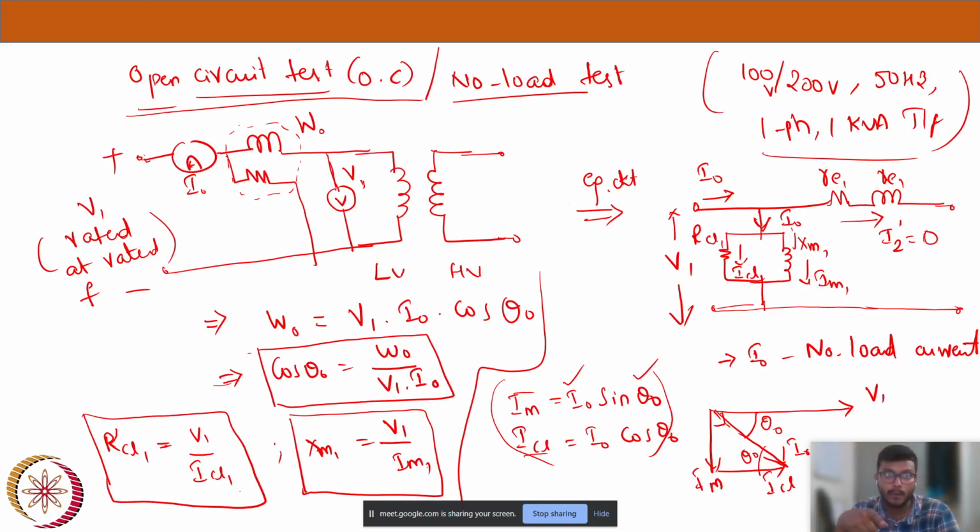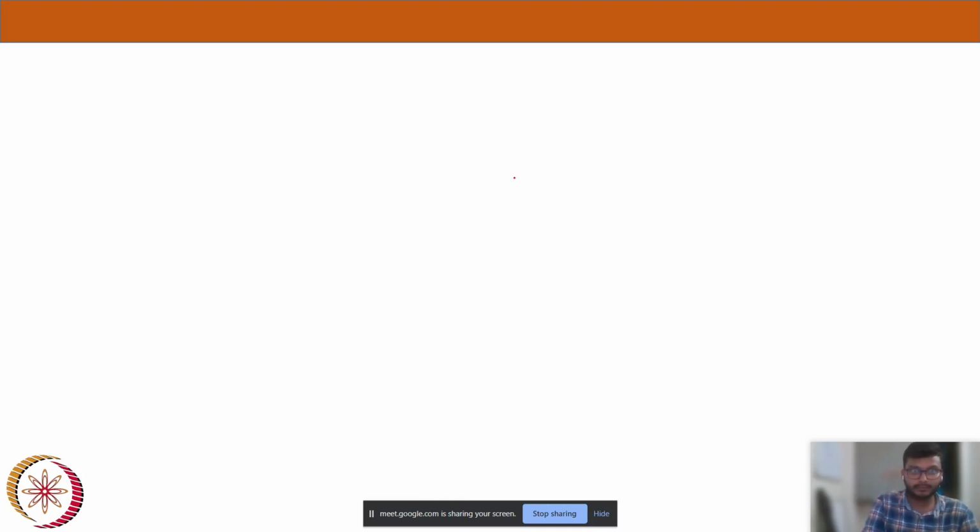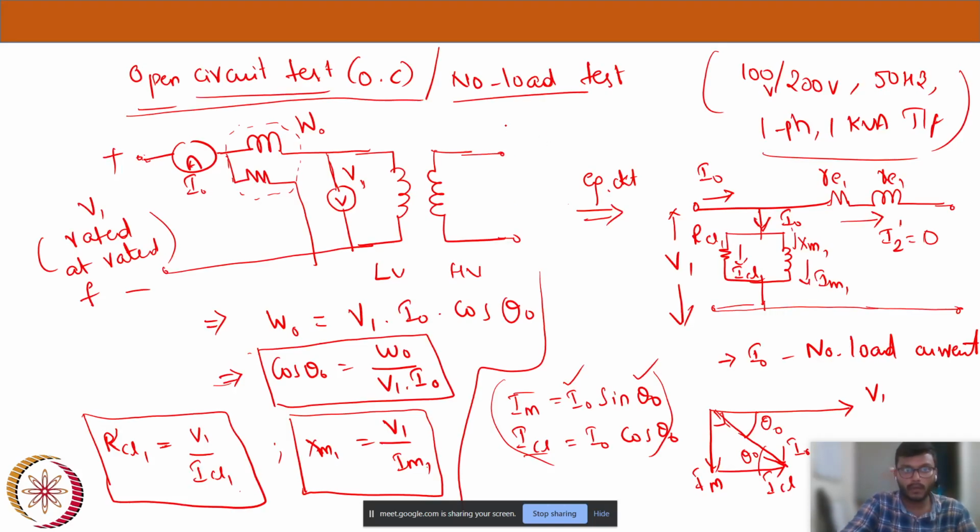So here we can see how much is the rated current. Can someone tell me how much is the rated current? I'm just writing here. I rated on the LV side is the kVA rating divided by 100.